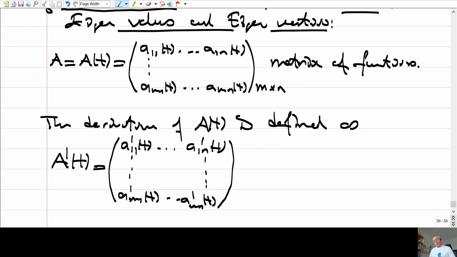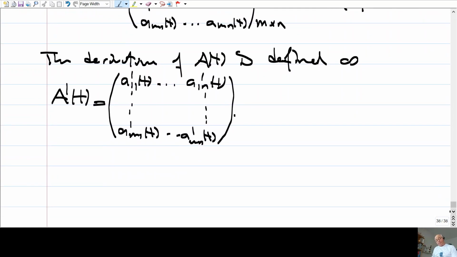Okay. So the derivative has the same size.